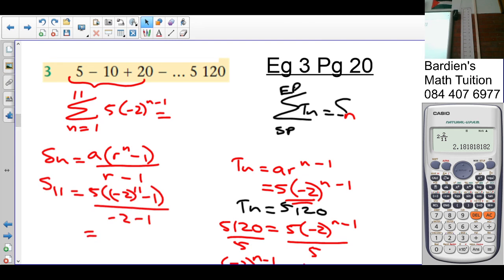Let's put that in the calculator. We've got 5 open brackets, negative 2, to the exponent 11 minus 1, over negative 2 minus 1. The answer is 3415.